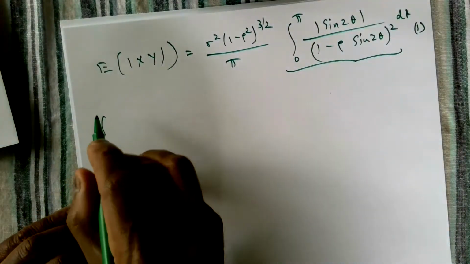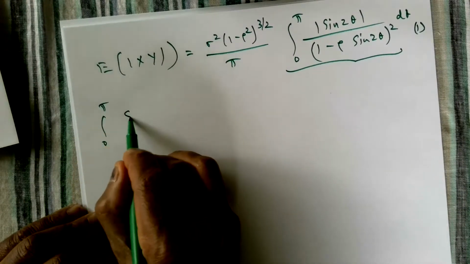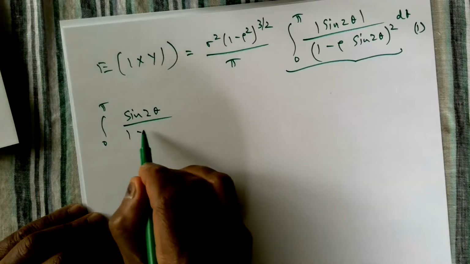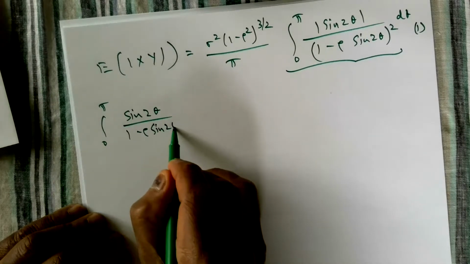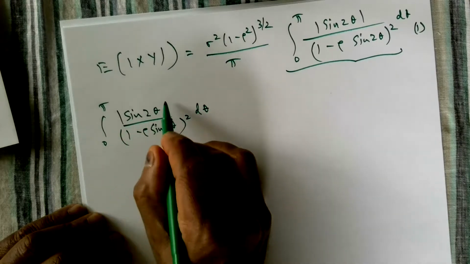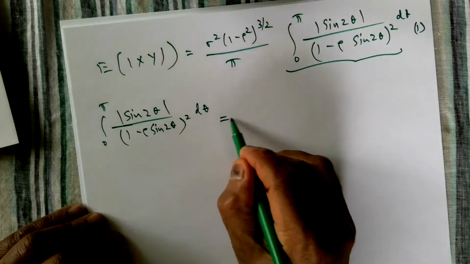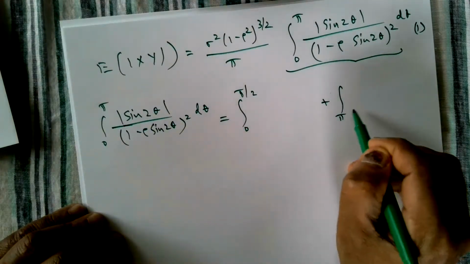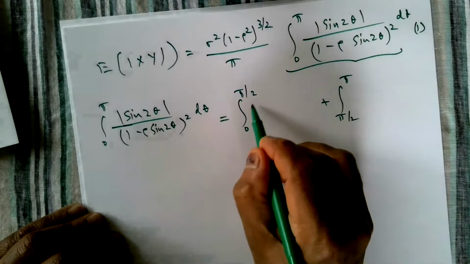So we are going to evaluate the integral from 0 to pi of sine 2 theta divided by (1 minus rho sine 2 theta) squared. First, I want to get rid of this absolute value. So I'm going to put it from 0 to pi by 2 and then from pi by 2 to pi, the same integral.